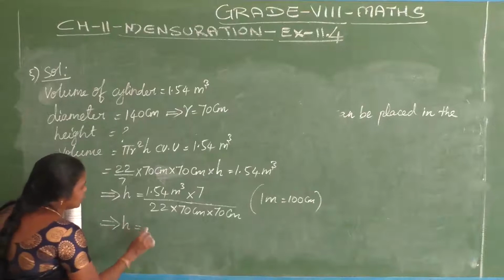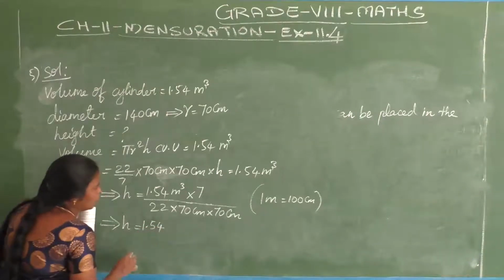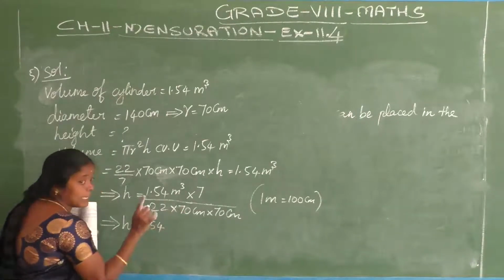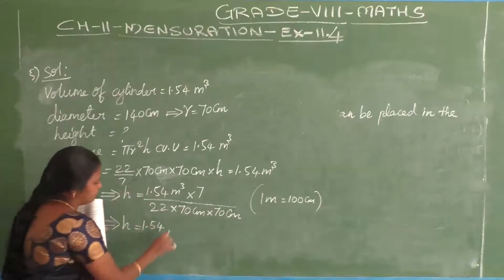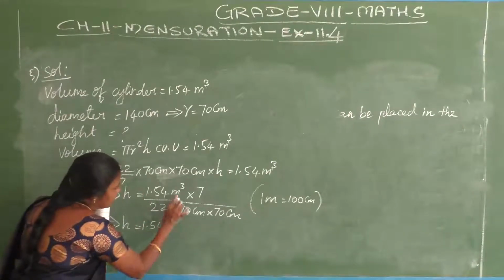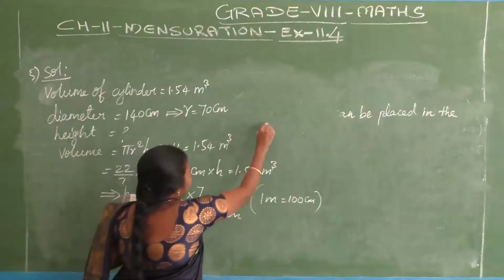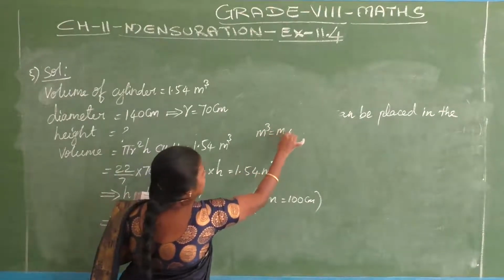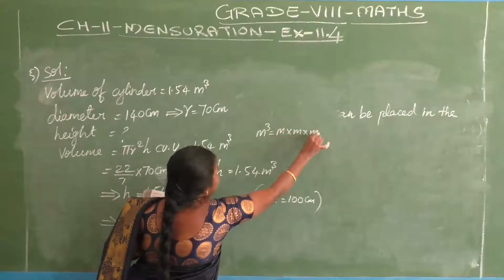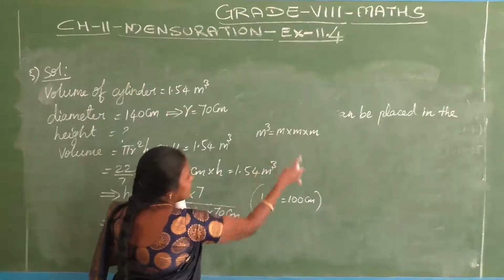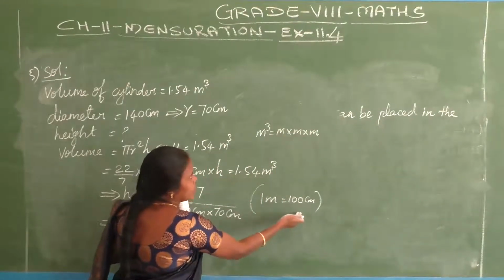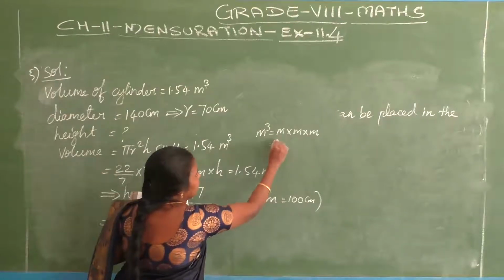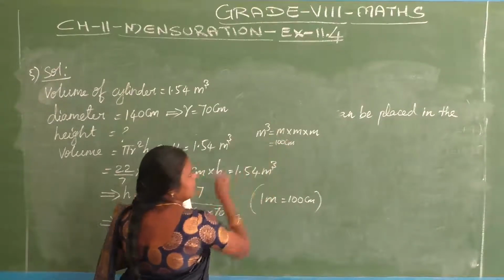So h equal to 1.54. This meter cube can be written as meter into meter into meter. Again I am telling clearly, meter cube can be written as meter into meter into meter. For equalizing meter in centimeter level, how can I write? 1 meter equal to 100 centimeter. Understood or not?